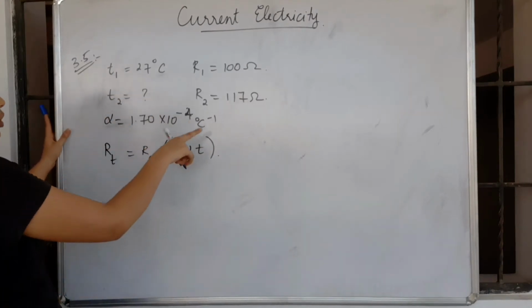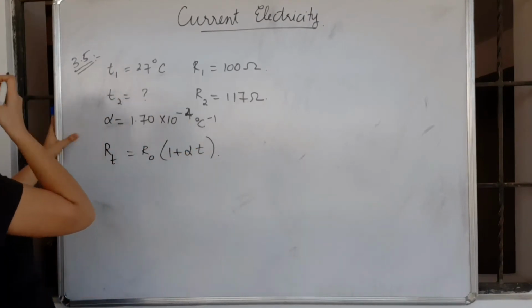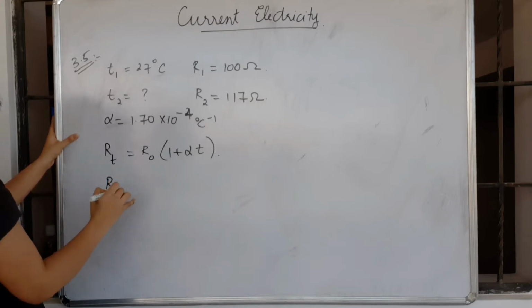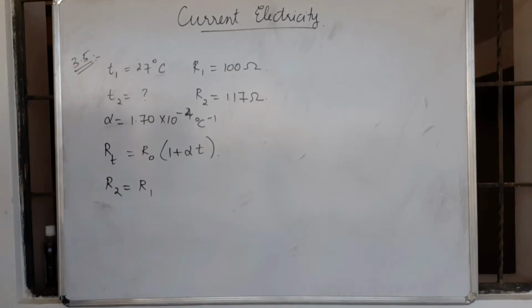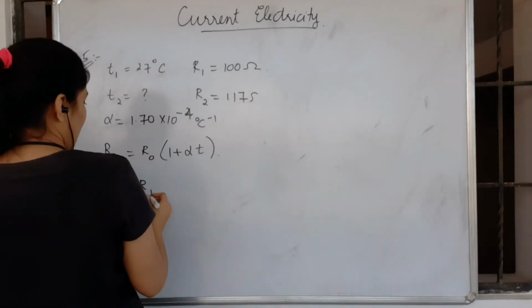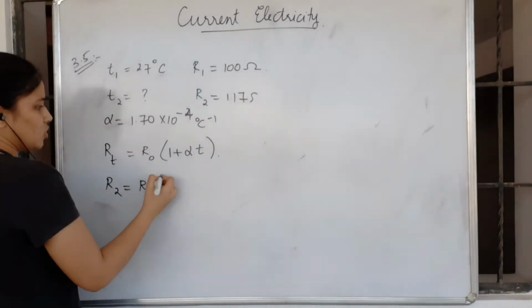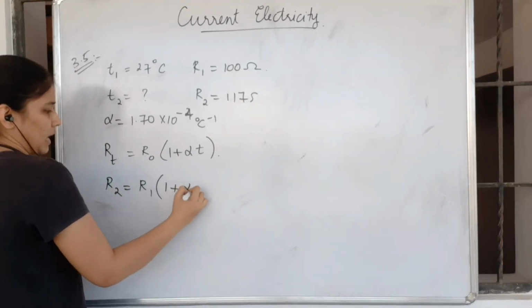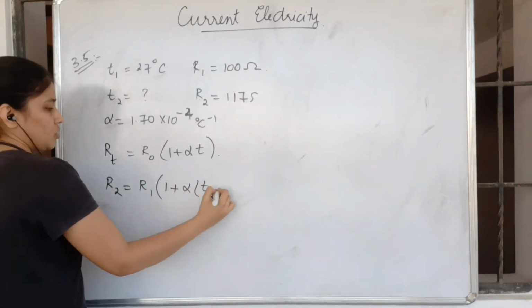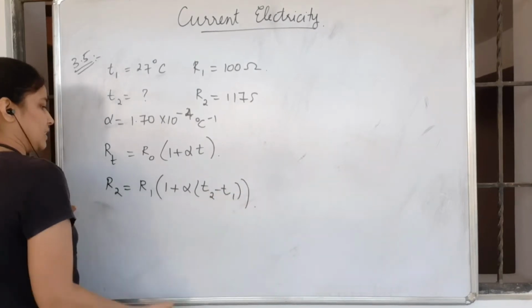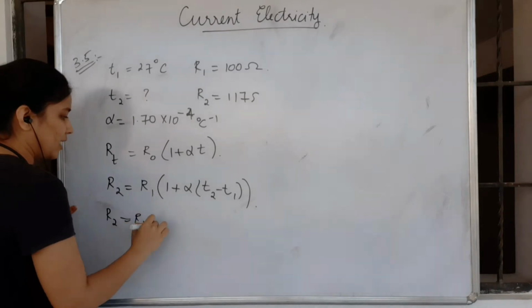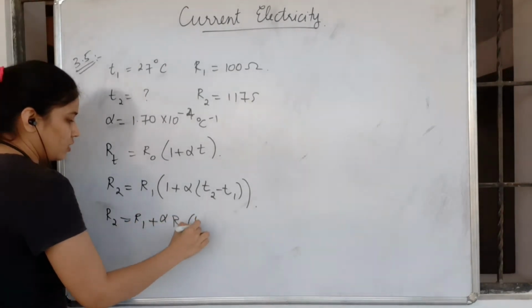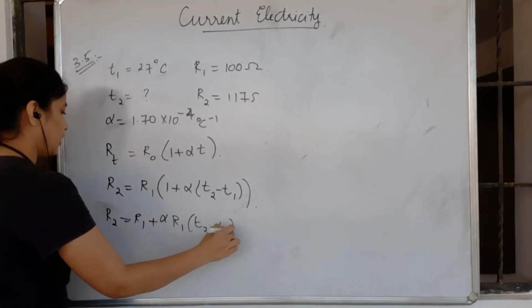So if we have two different temperatures, we can transform this equation like R2 is equal to R1 into 1 plus alpha into T2 minus T1. This is the formula. So multiplying it inside, R1 plus alpha into R1 into T2 minus T1.